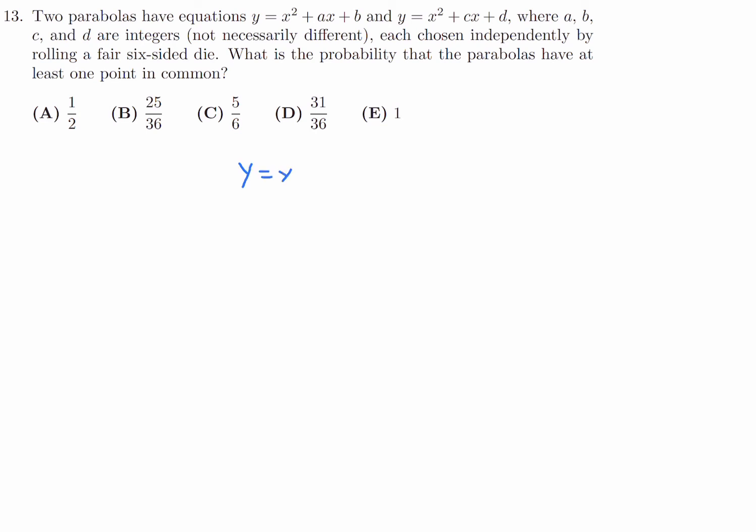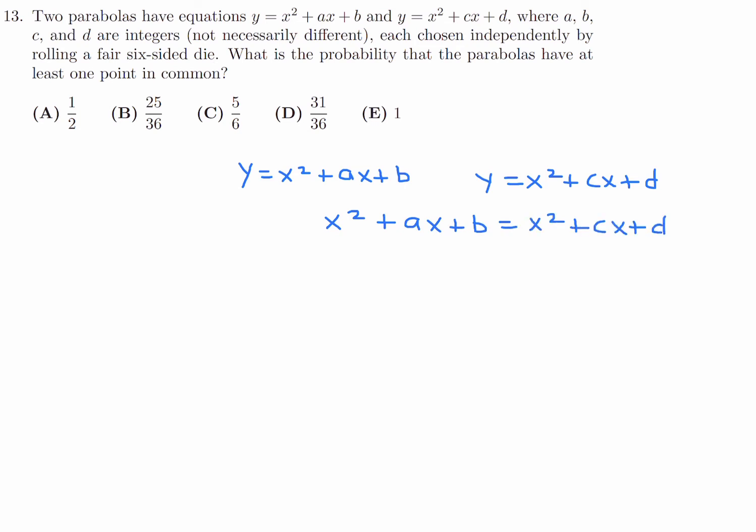So we have x squared plus ax plus b, and we have x squared plus cx plus d. Now these two parabolas, they want them to have at least one point in common, so they want them to intersect. So set them equal to each other, and when you do, you'll notice that the x squareds cancel, so that makes things simpler for us, and all you're left with is really two lines.